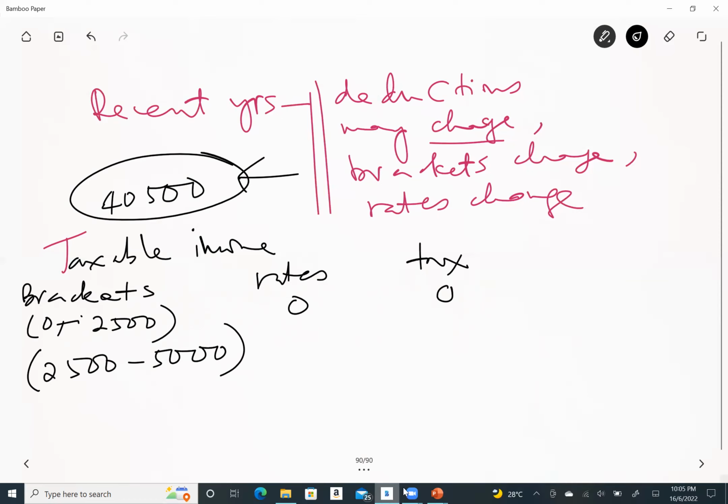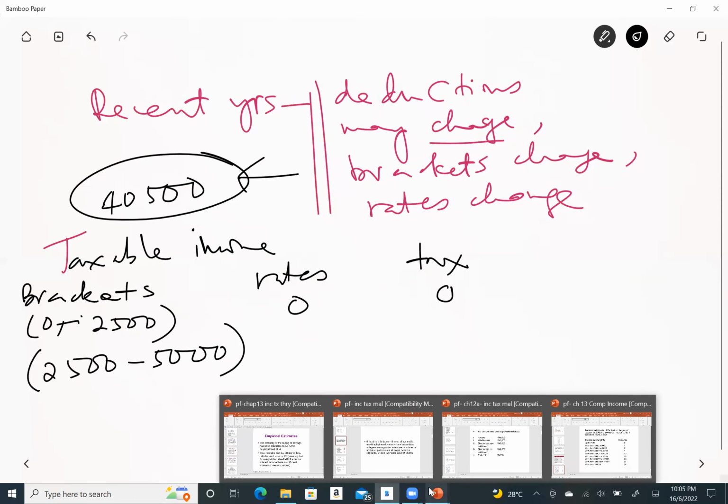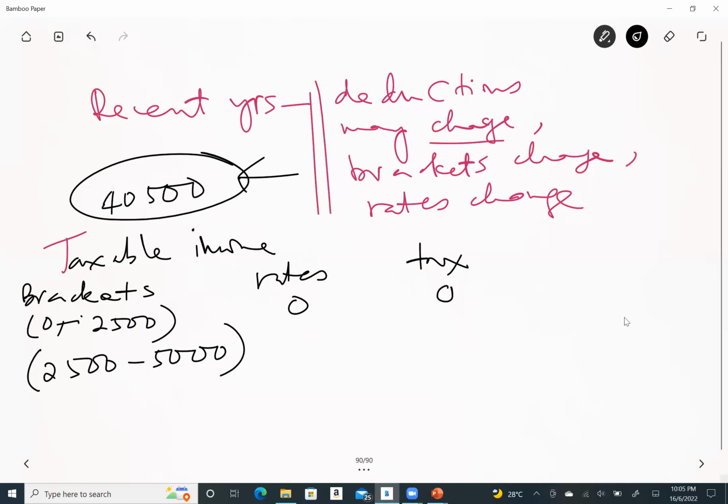Now 2,500 to 5,000, how much income do you have in that bracket? Okay, go look at the bracket. How much income do we have in that bracket? 5,000?